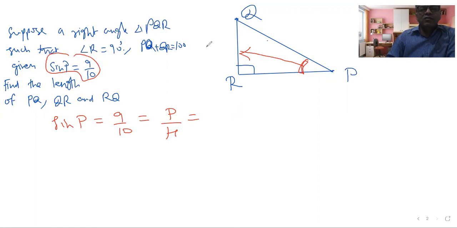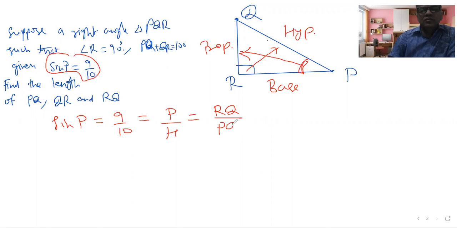So this gives us the perpendicular. And this is the base and the side opposite to 90 degree is called hypotenuse. Now perpendicular means RQ and hypotenuse means PQ. So this implies RQ equal to 9, PQ equal to 10.